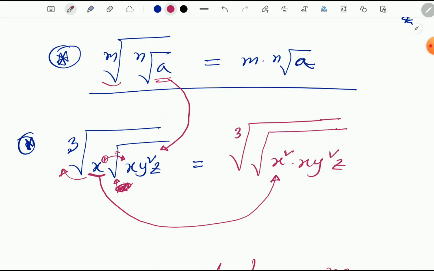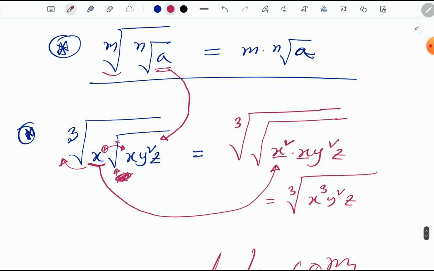If you want to take it out again, it will become x. Now we can simplify further. Here x square, we have one more x, it becomes x cube, y square, z. So this is our answer.